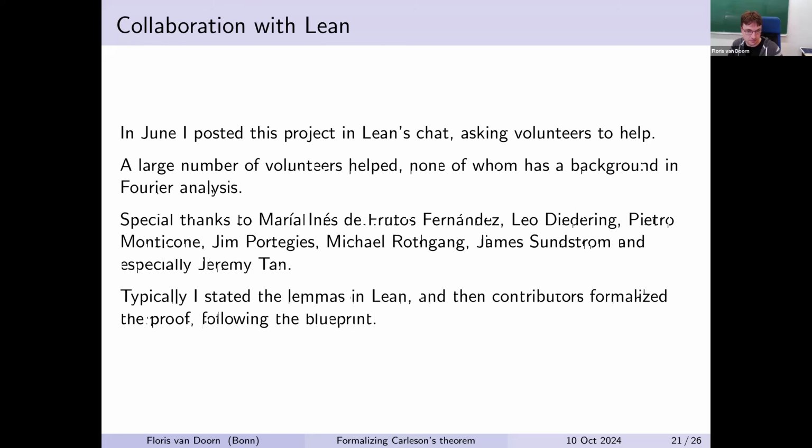I'm really grateful to all of them. None of these have a background in Fourier analysis, and so this really shows you can split up a formalization project like this: experts in the mathematical area write a detailed blueprint, and then people that know Lean but don't know the mathematics intimately can formalize it.